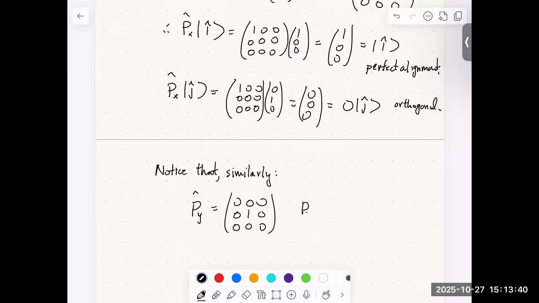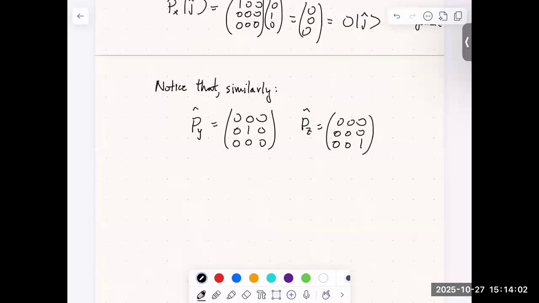And if we did this for z, we would find this is the projection operator. What would I get if I added px, py, and pz? We'd get a diagonal matrix. What is that diagonal matrix? The identity. That's exactly what it is.